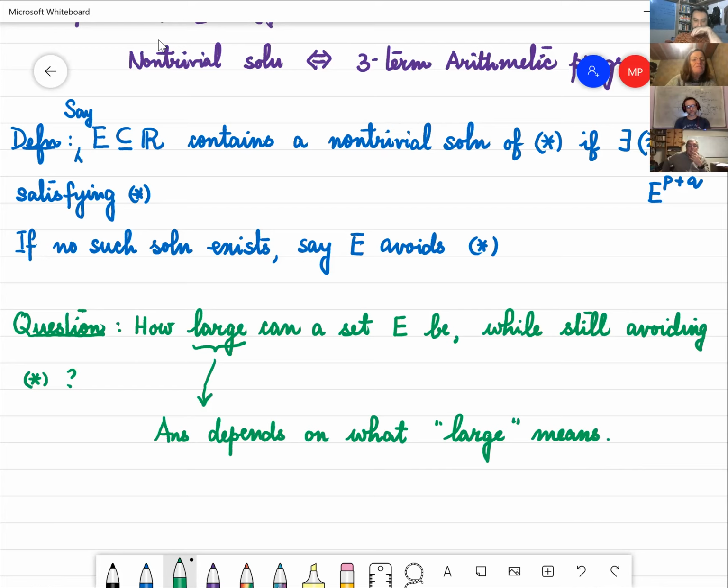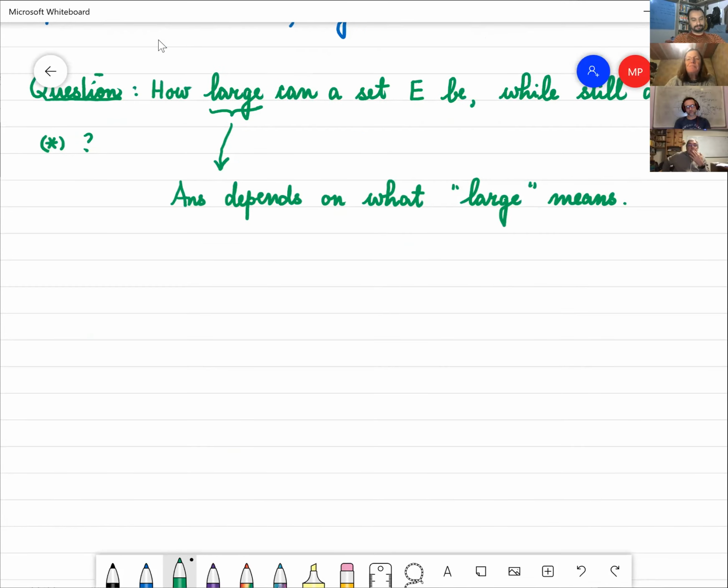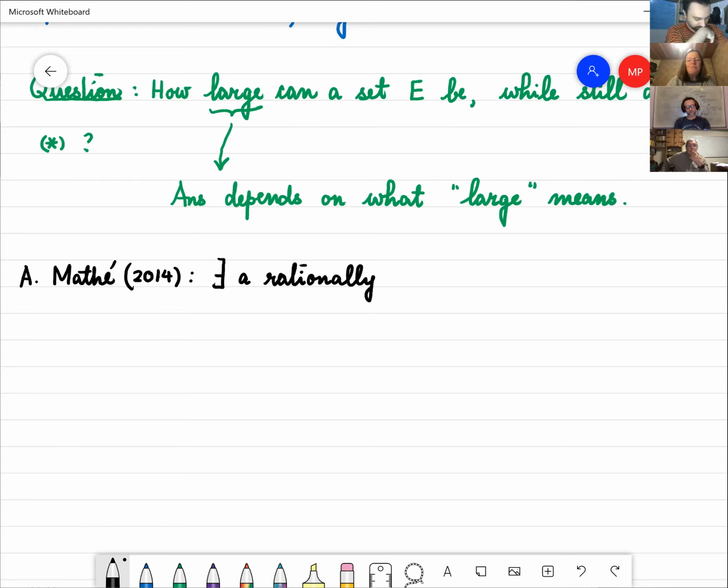Just to give you a flavor of the results that are known, there is a result from 2014 due to Andreas Mathe, which says that there exists a rationally independent set E in R of full Hausdorff dimension.